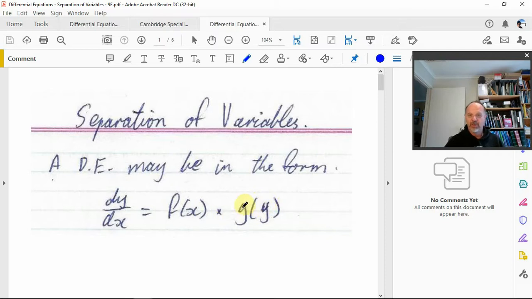So your x and your y obviously are your variables, but here dy dx, and then we've got an expression which has got something to do with x and something to do with y, separate things that are multiplied together, needs to be multiplied together.